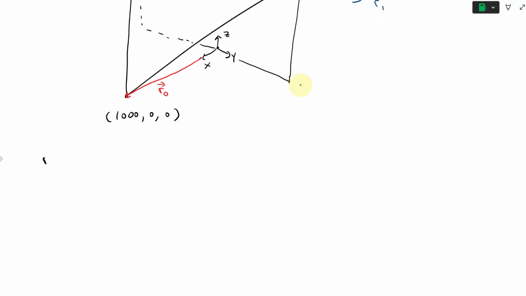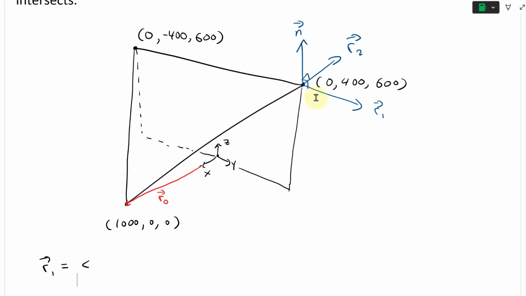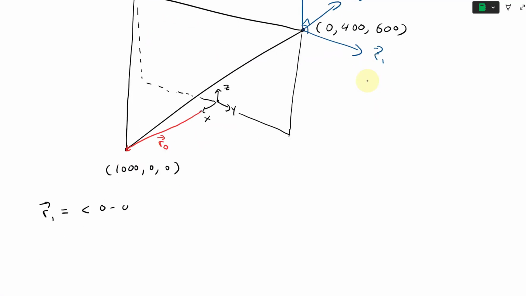So R1 is equal to, we'll subtract this one from this one, so we're going to go 0 minus 0, and then 400 minus 400, and then 400 minus negative 400, so that'll be a plus, and then 600 minus 600.